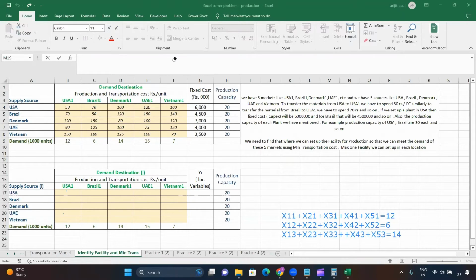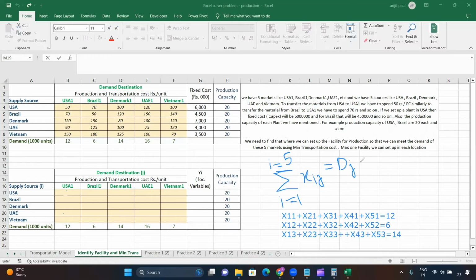Okay, so for the compact mathematical model, we can write summation i equals 1 to i equals 5, Xij equals dj.